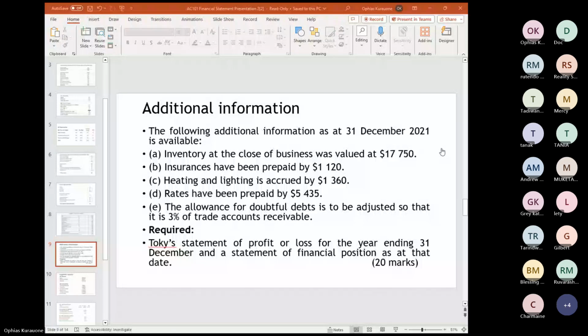Insurance expenses which you have prepaid are a prepaid expense.